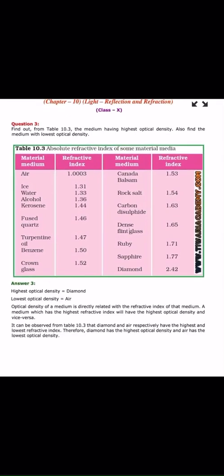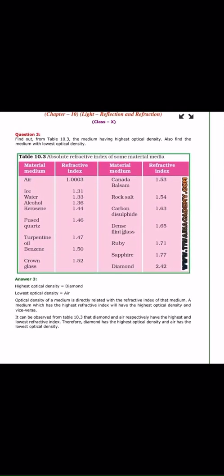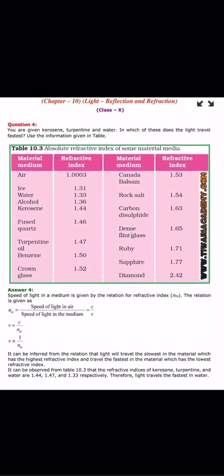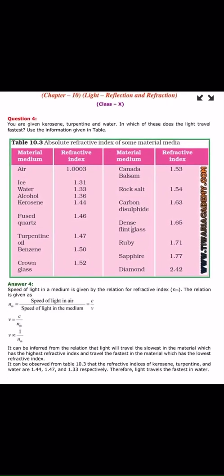Question number three says: from this table we see which medium has the highest optical density. In this table you can see the highest optical density is of diamond and the lowest optical density is of air. So that only we have to find, an explanation I have given you. Next is question number 4: you are given kerosene, turpentine and water.